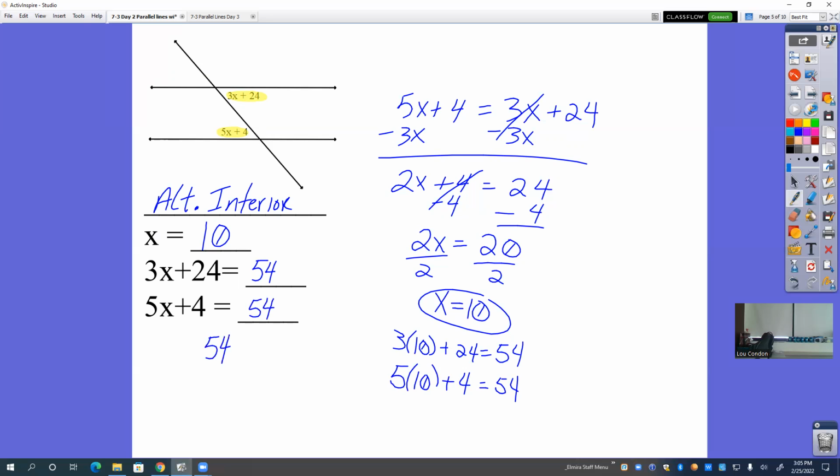And as we said, 54 does equal 54. So our work was done correctly. Once again, two angles that are in between the parallel lines on opposite sides of the transversal, alternate interior angles, are equal to each other.